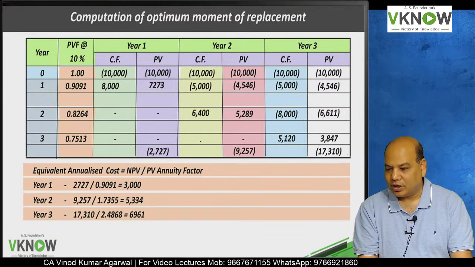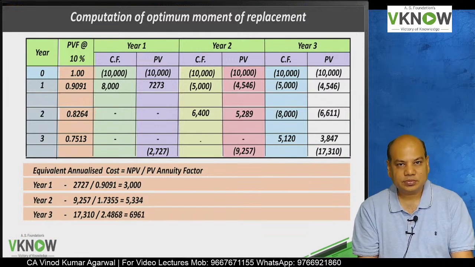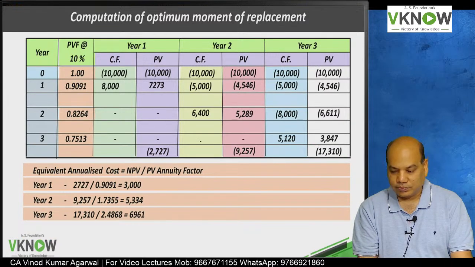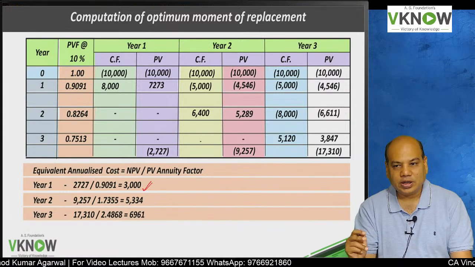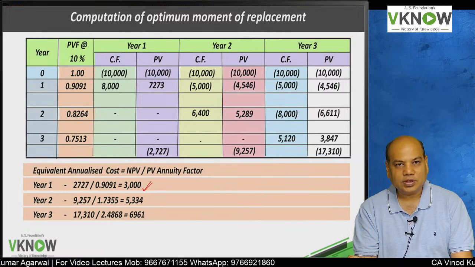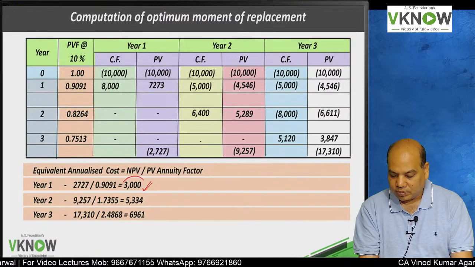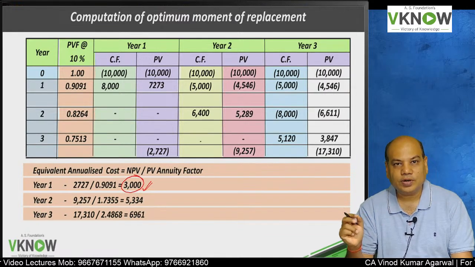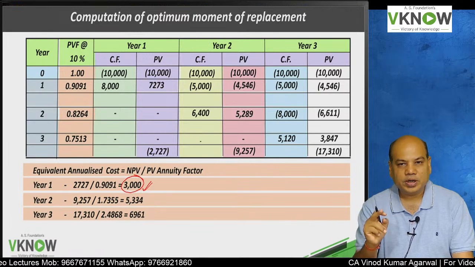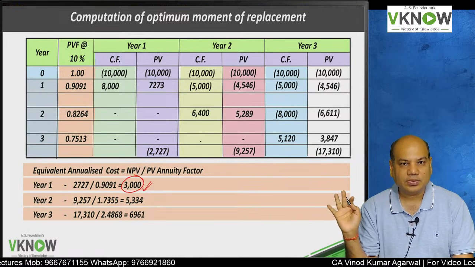these are like average cost per annum. If you keep on replacing every year, buying the asset and selling it after year 1, it is equivalent to spending 3000 rupees per annum.